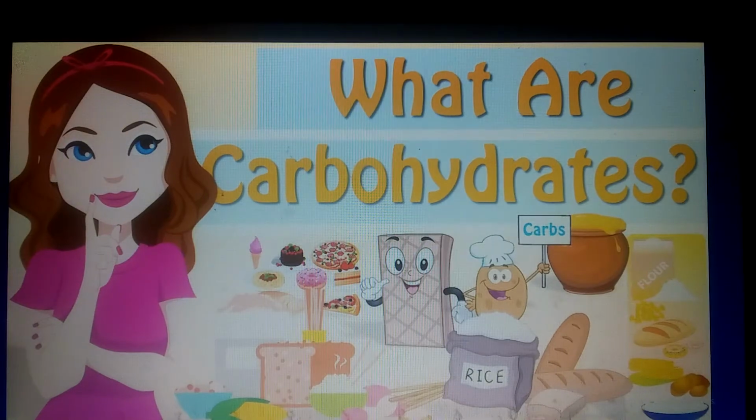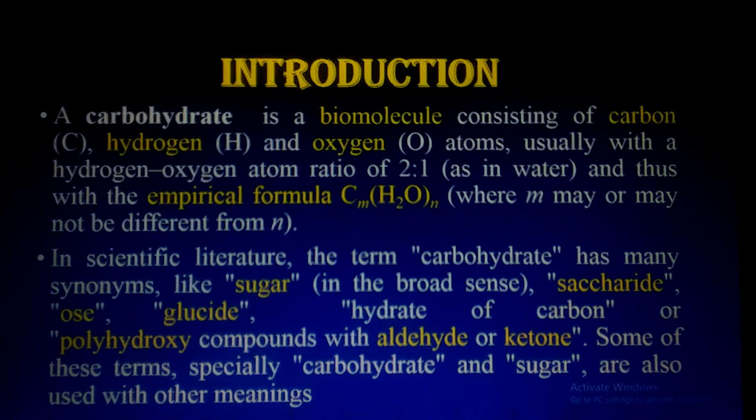So first of all, what are carbohydrates basically? We take carbohydrates as a diet in different forms, in our breakfast, in our lunch, in our dinner. So what are carbohydrates?